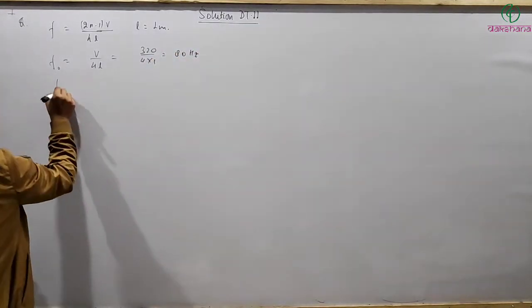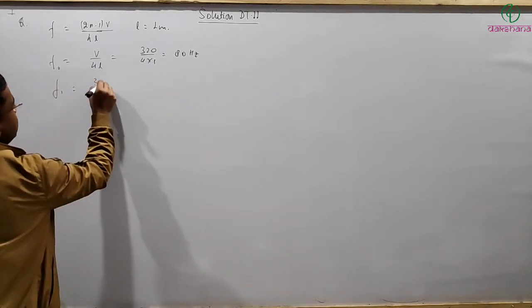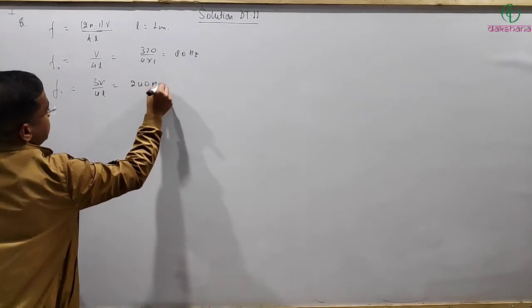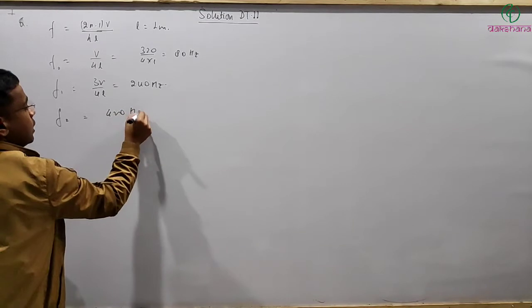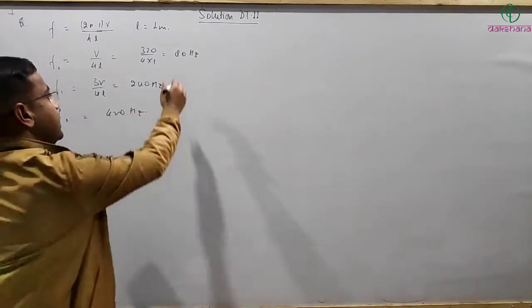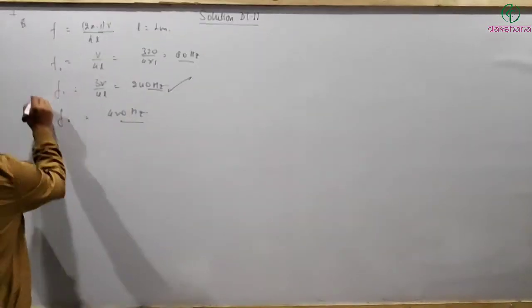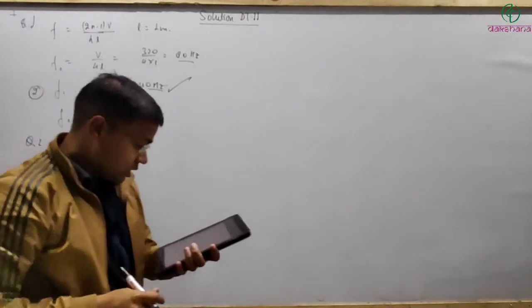The next frequency, the first overtone, will be 3V by 4L, which is 240 hertz. And the next one, F2, will be 400 hertz. So out of these, the pipe can resonate at these frequencies. This is the available option, so the right option will be matching with option 2.